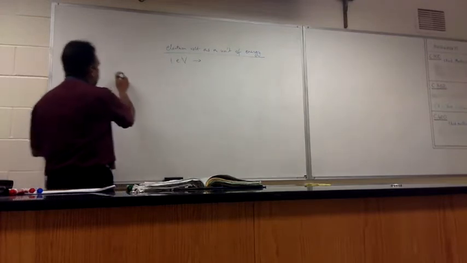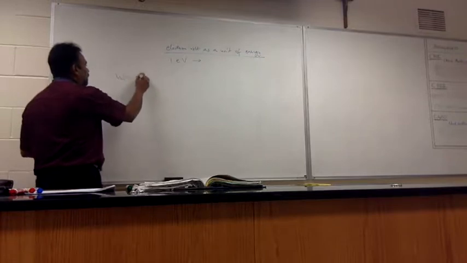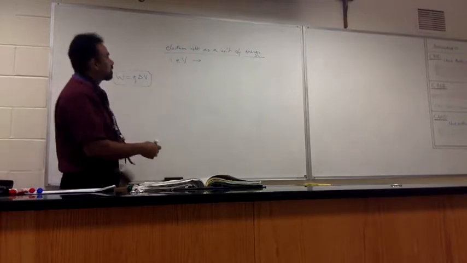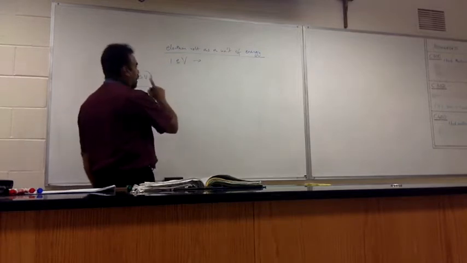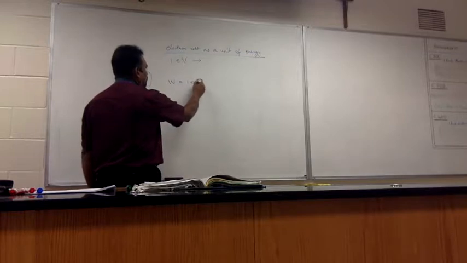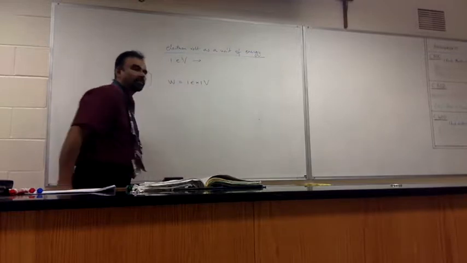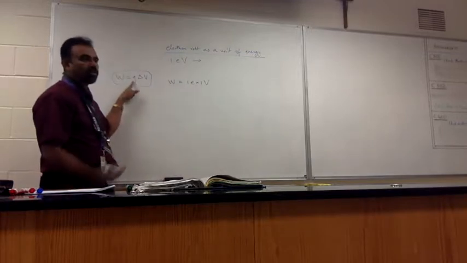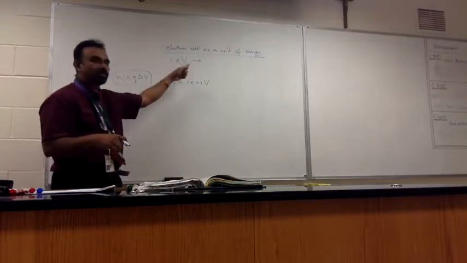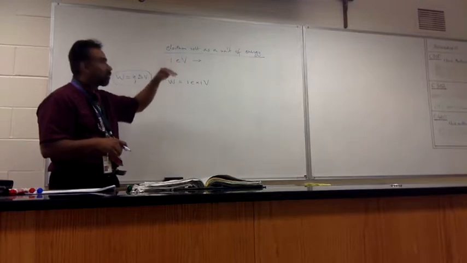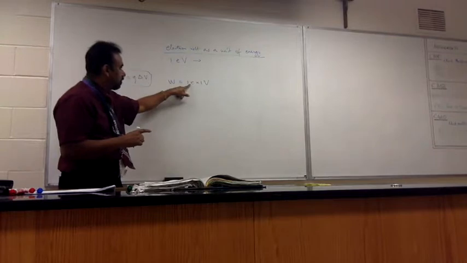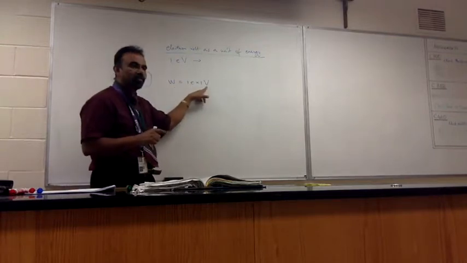So the formula for work done is Q delta V, right? So we know this equation, and that's exactly the same equation. So how much is the work done on 1 electron? The work done is equal to 1 electron charge times 1 volt. Q is e, and V is 1 volt.